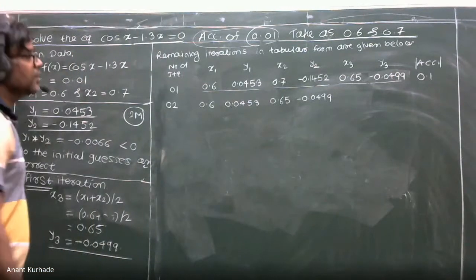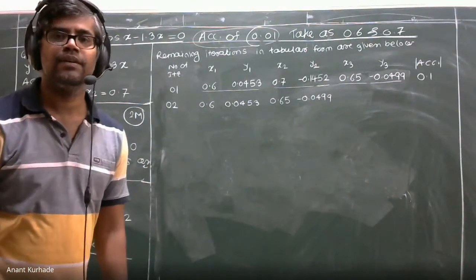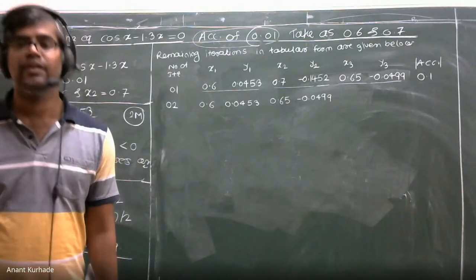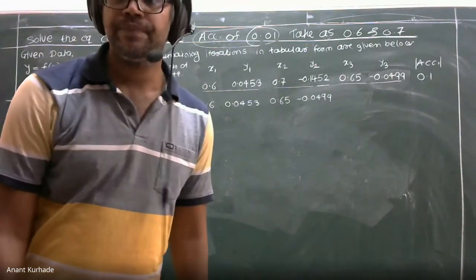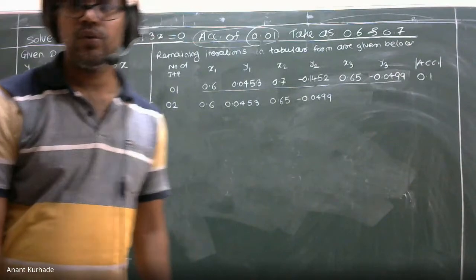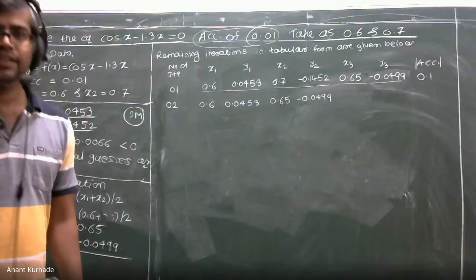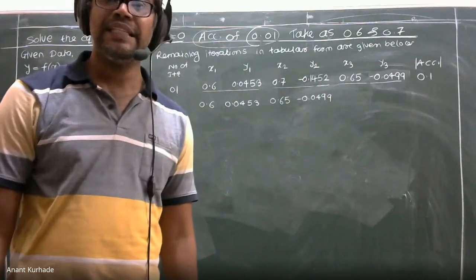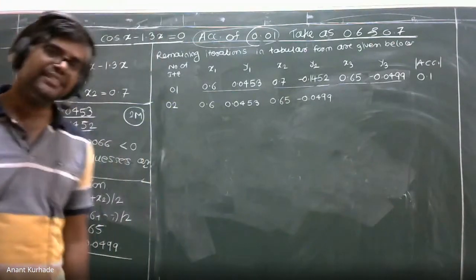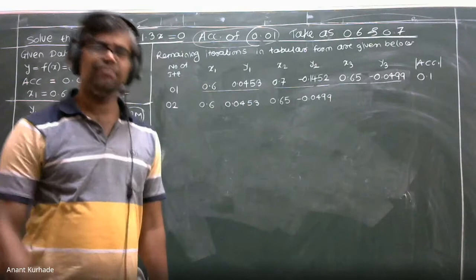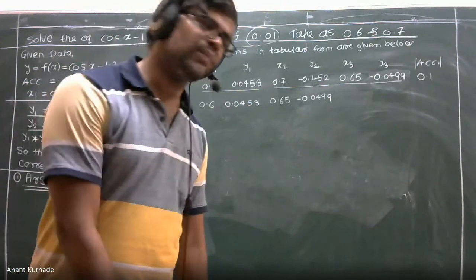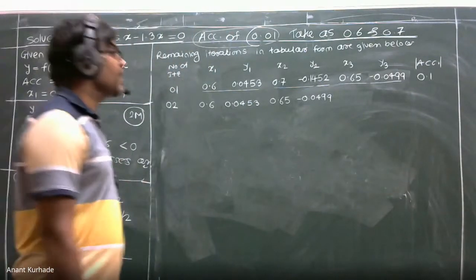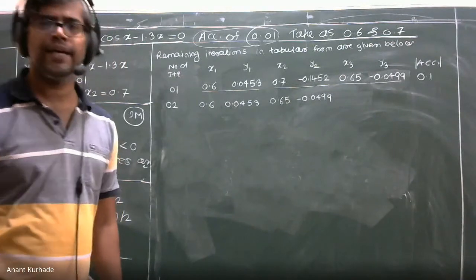Ask if you have any doubt. It is clear? This is very simple actually. Just remember we have to change plus to plus, minus to minus. Shall we move further ahead?